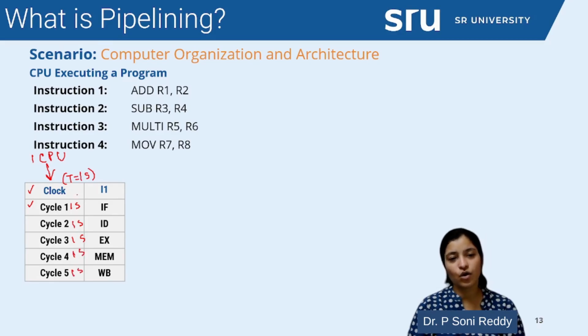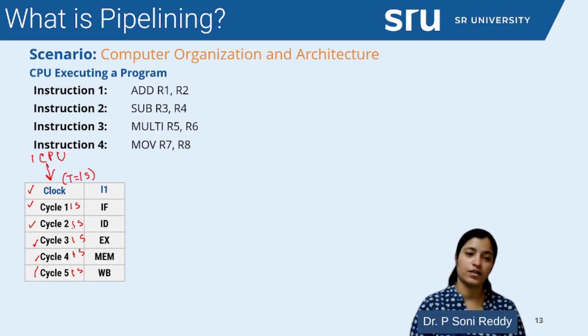So each of these clock cycles has an equal time period, and each of the steps of execution is done in equal steps with the clock signal. Clear?